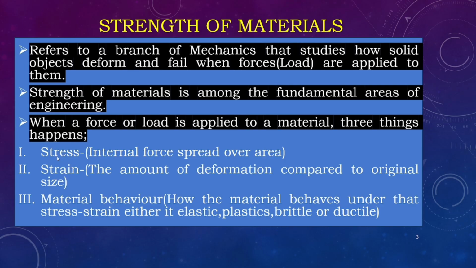Then the next one is strain. It deals with the amount of deformation compared to the original size. If there is any deformation, there is a difference from the original shape that it was given.